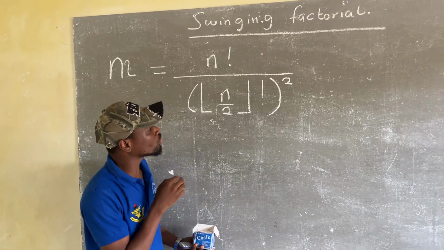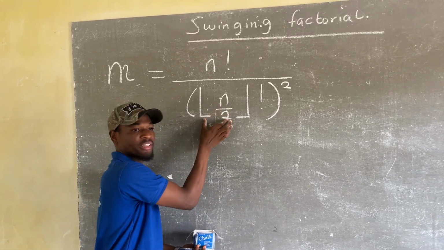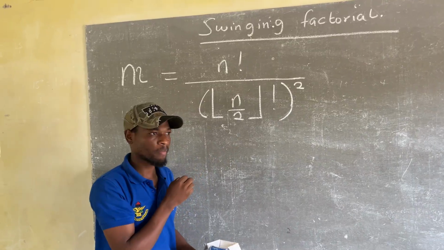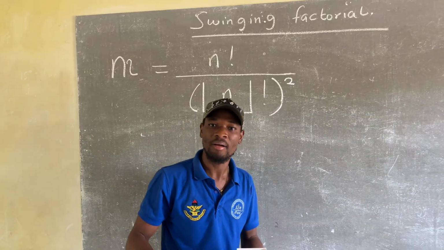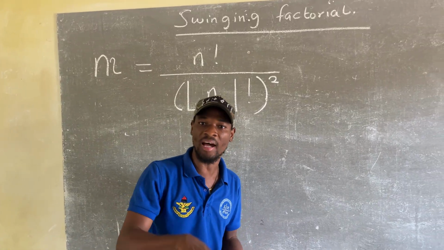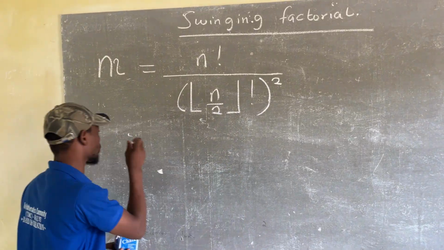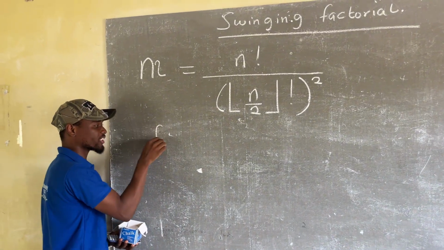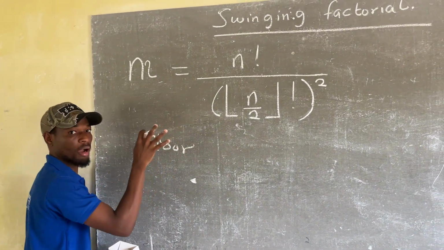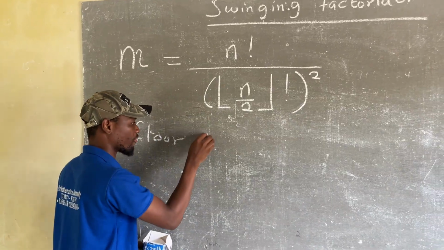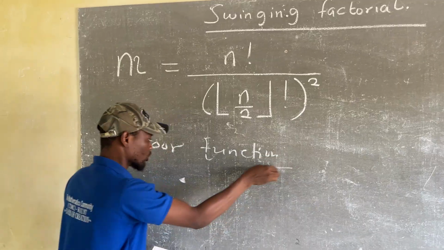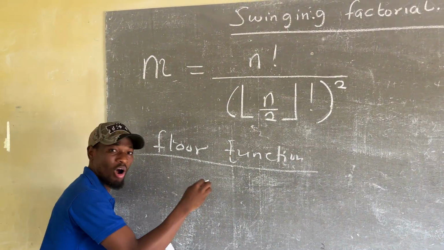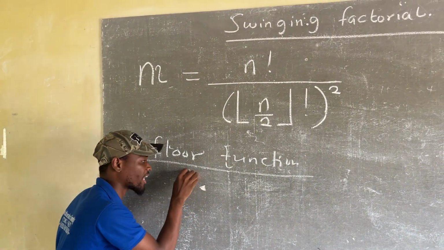Now, I would like to throw more light on the floor function. This is just basic algebra. Let us consider a mathematical function known as the floor function. The floor function of x is denoted like this.